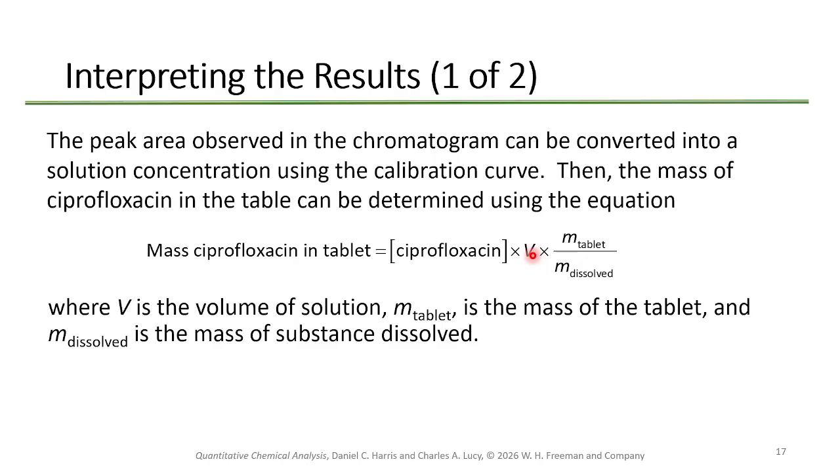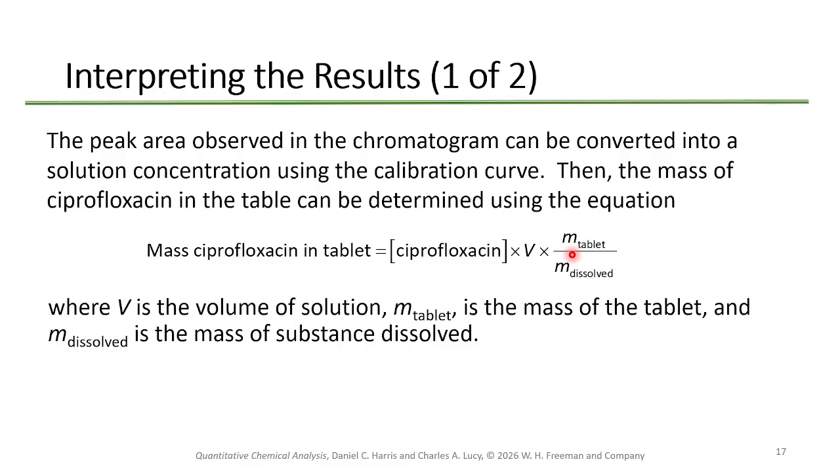There's actually 2 equations technically. Anybody ever heard of M1V1 equals M2V2? You have a dilution, right? And then you have a mass conversion to that dilution. So that's all that is: you've taken a tablet, you've dissolved it, right? So you made a solution, massed the tablet, dissolved it in the volume of solution, right? And then you did a dilution.